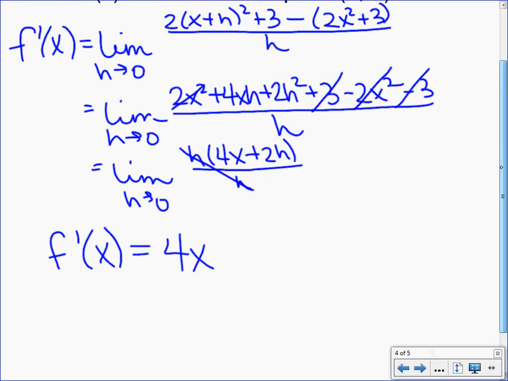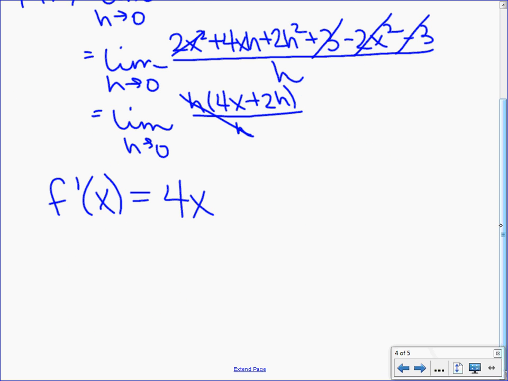We are worried about the point where x value is 1. So if I want my slope, I'm going to plug 1 into my derivative, and our slope is 4. How do we write the equation of the tangent line?